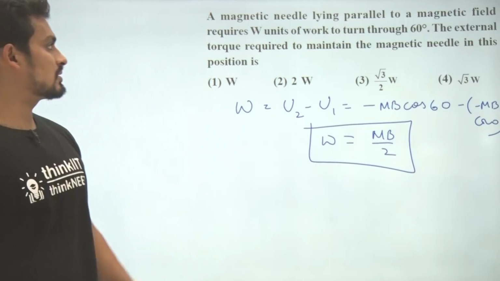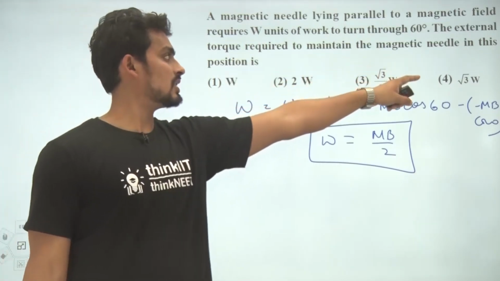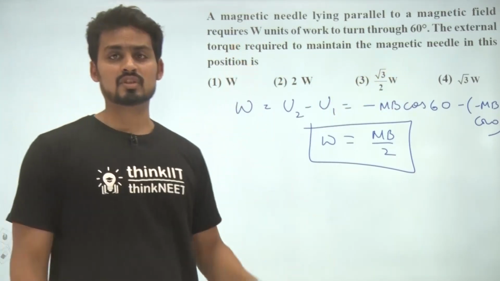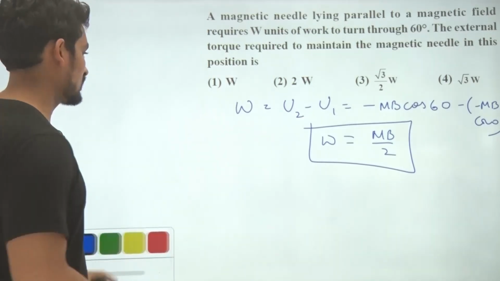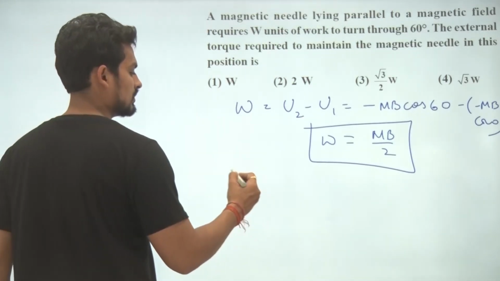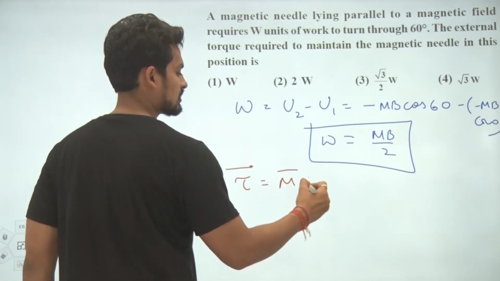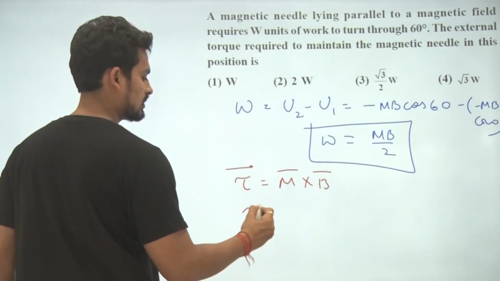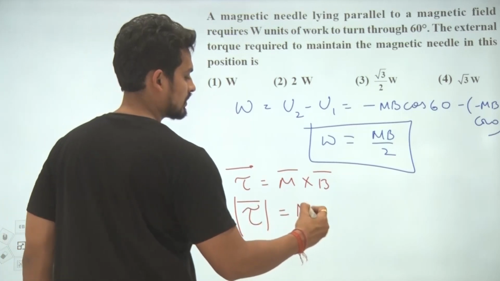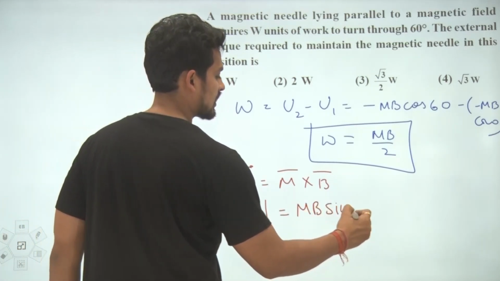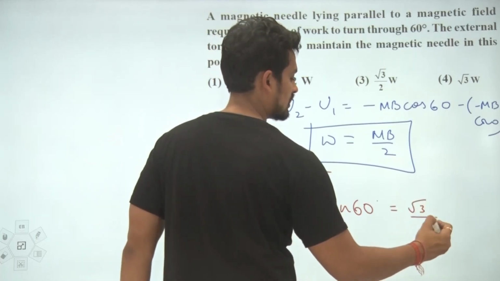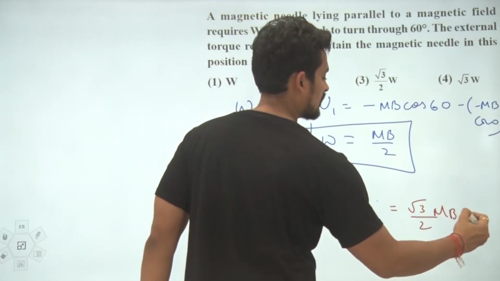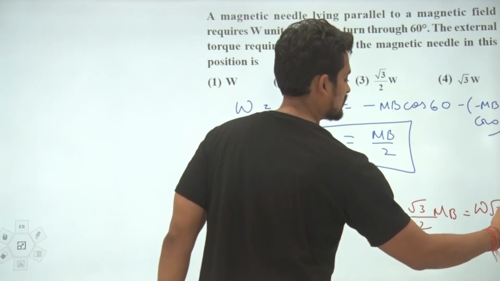Now the external torque required to maintain the magnetic needle in this position is, at this particular moment, we need to calculate the value of external torque. Torque, as we know, is given as M cross B, and the magnitude is MB sin 60 degrees, which is root 3 by 2 times MB, which finally comes out as W root 3.